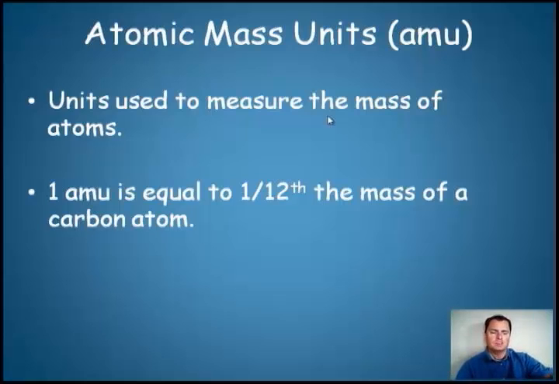I used a carbon atom as a reference because carbon-12 has 6 protons and 6 neutrons. We took 1/12 of that, and that's what 1 AMU is equal to. It's approximately the mass of 1 proton. So whenever we're weighing a single atom, we use AMUs to measure the mass of it.